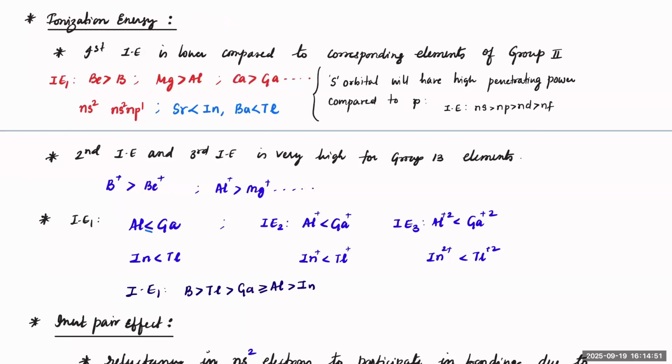Now let's talk about ionization energy. Usually, if you compare left to right, you know that beryllium will hold higher ionization energy than boron. It is an abnormal trend. The reason being, in beryllium you already have ns2, while boron has ns2 and np1.